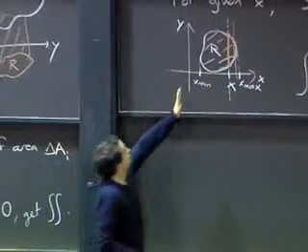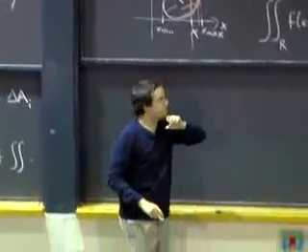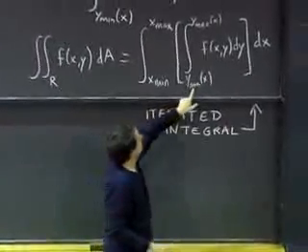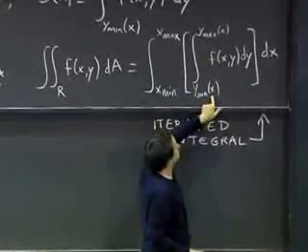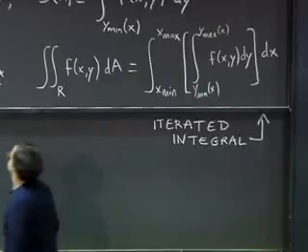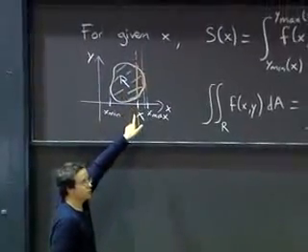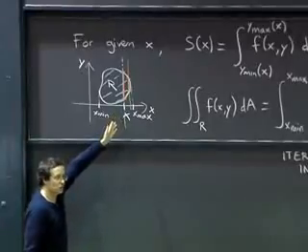For any value in between, I will have some red segment, and I will want to integrate over that. On the other hand, the bounds on the inner integral will depend on the outer variable x, because if I fix a value of x, what the values of y will be depends on x in general.